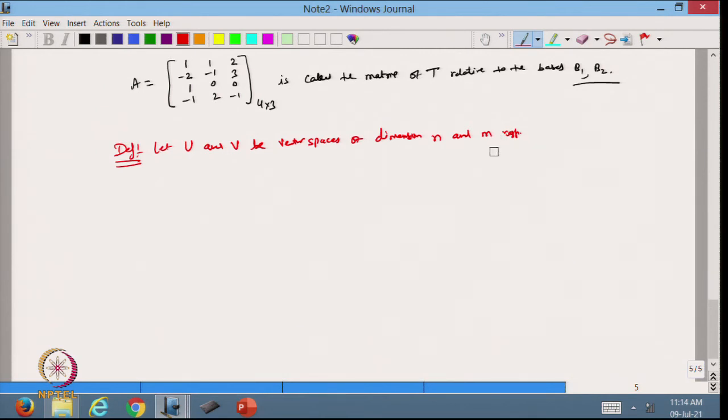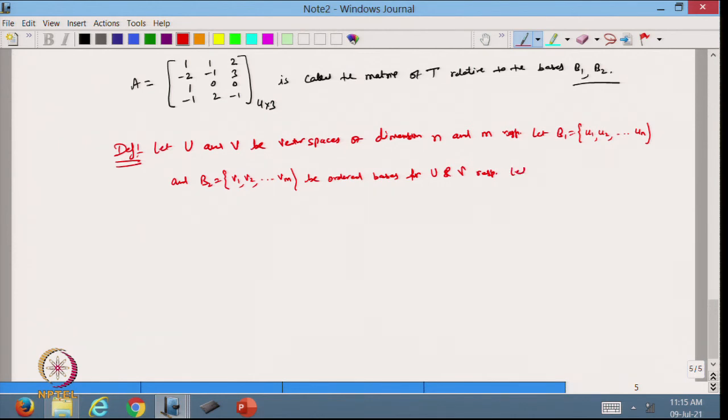Let B1, the basis that represents U1, U2, up to Un, and B2, that is V1, V2, up to Vm, because the dimension is m, be ordered bases for U and V respectively.